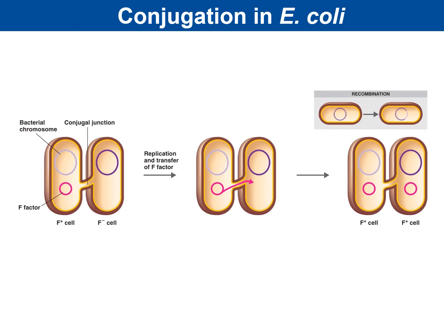Here's a figure taken from our textbook showing how conjugation can occur in E. coli. And so in E. coli, on the left figure here, we see that the F positive cell is able to make a sex pilus, has sex pilus production.